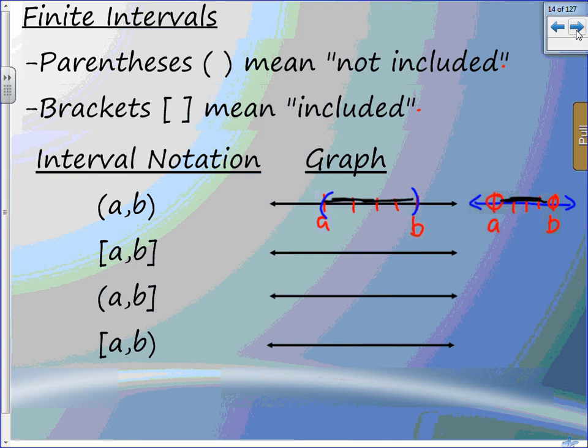So that graph looks like this. And it includes brackets instead of parentheses. And then before when you graph, you would use a closed circle.